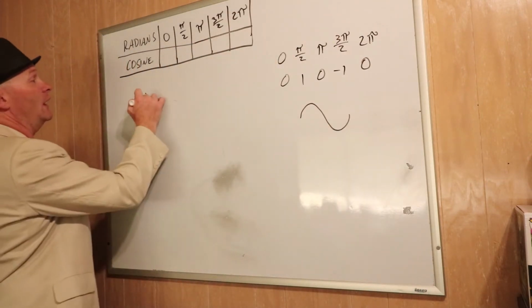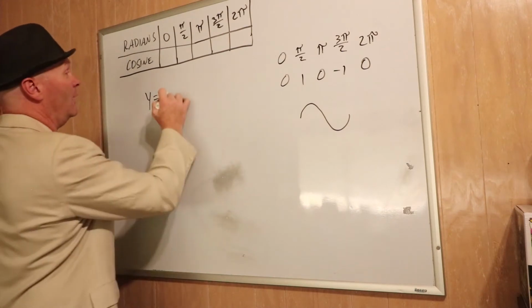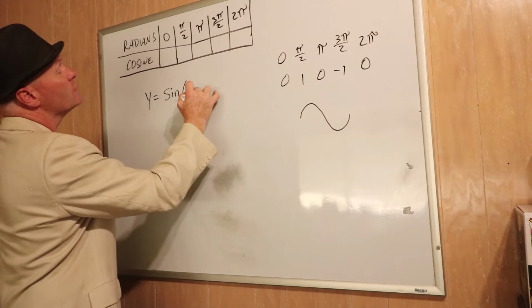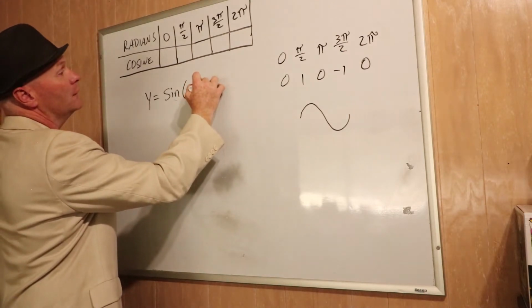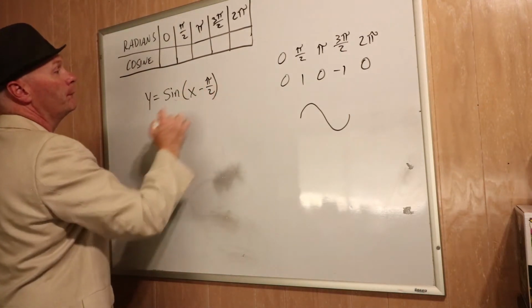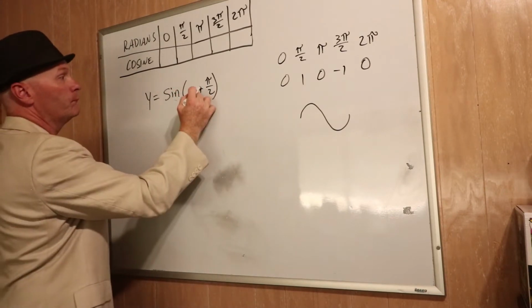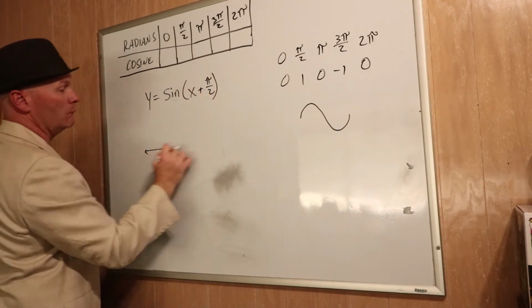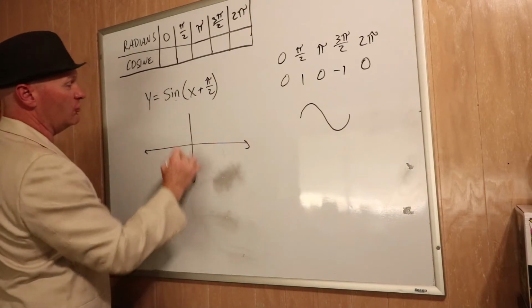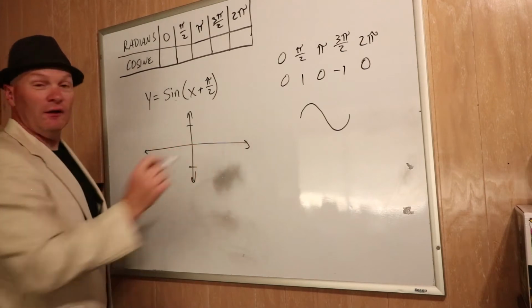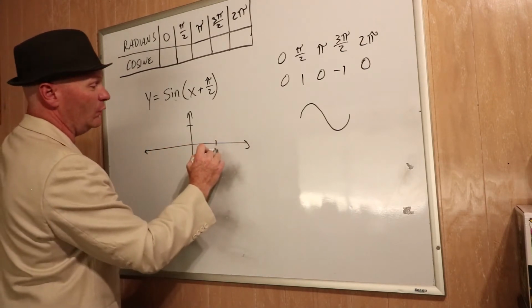Okay, just to make sure we remember how to do it, let's try this one. We need to go sine of x plus pi over 2. Remember, sine functions are interesting because instead of using regular numbers for the x-axis, we use radians.